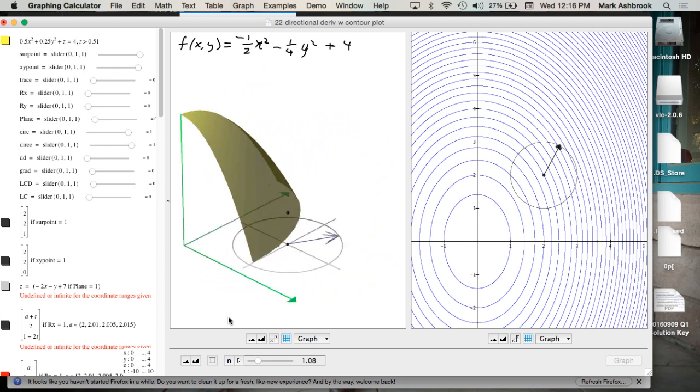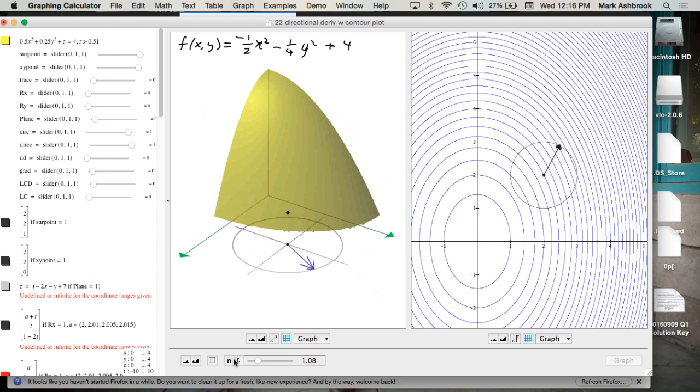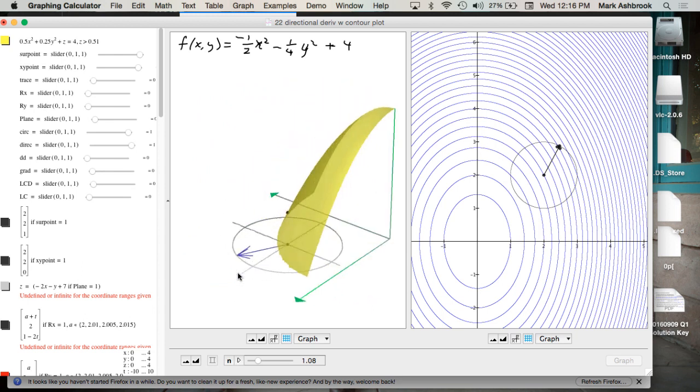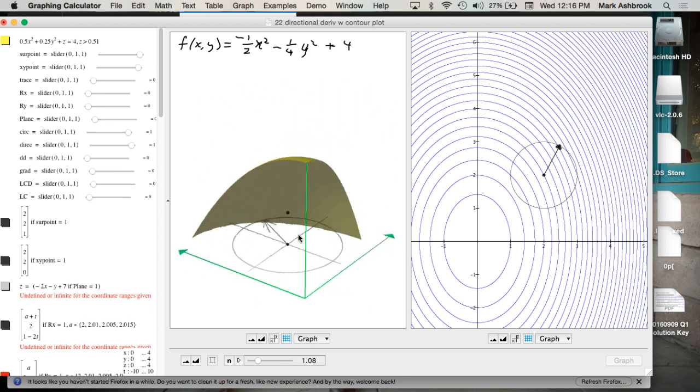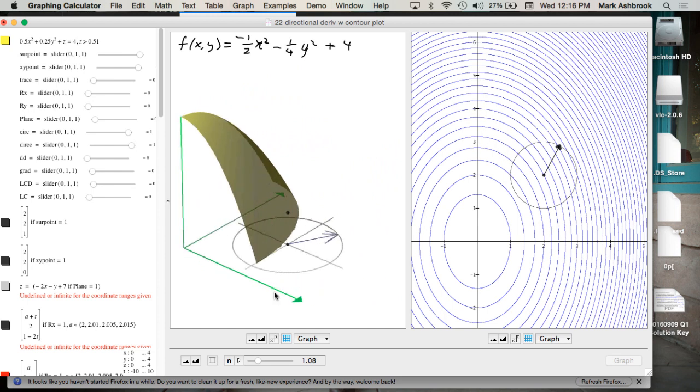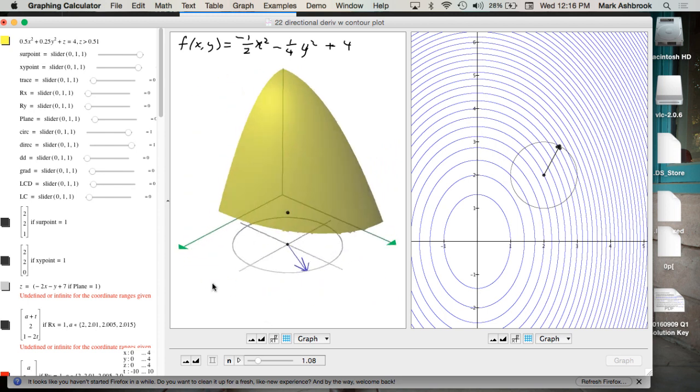So if you take a little step in the direction of that blue vector right there, what's z going to do? It's going to decrease, right? So if we go in that direction, z is going to decrease. And the question is, given a little change in that direction, how can we calculate the amount of decrease in z? Well, we need the directional derivative, right? So let's just go ahead and do it. So I'm saying that this is pi over 3.